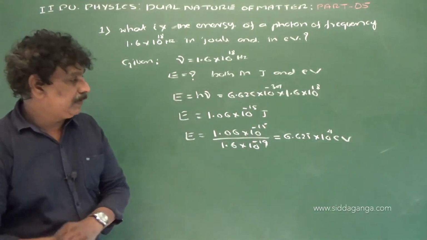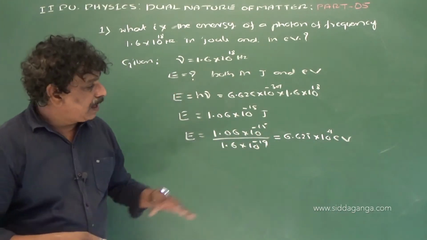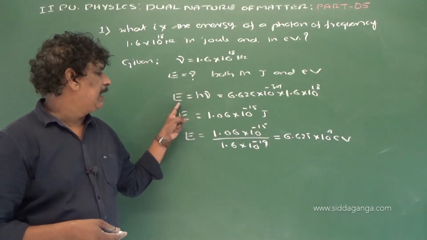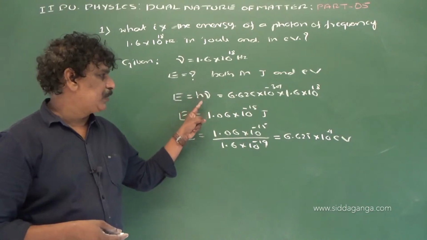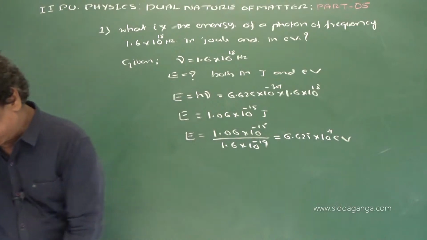To calculate this directly, we will just take E is equal to h nu by e, and then we will obtain this value.